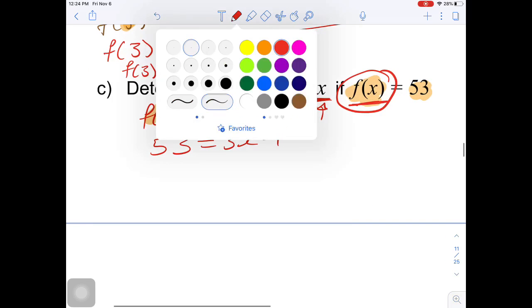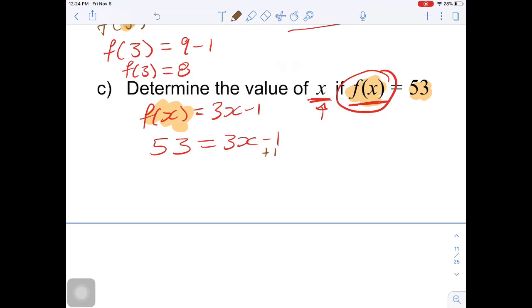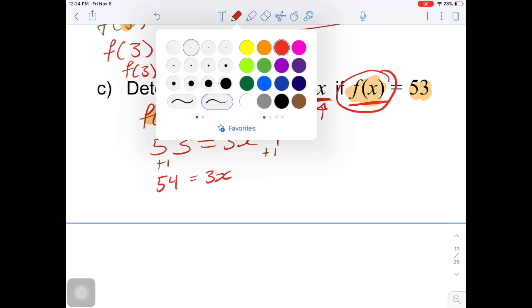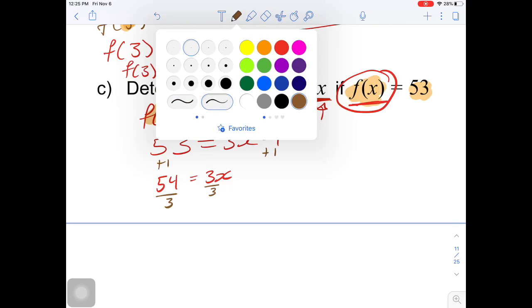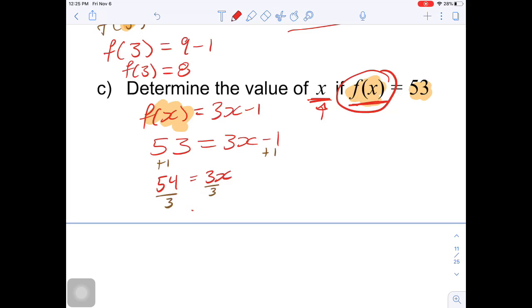And now we're going to solve. I'm going to add 1 to both sides, and I'll get 54 equals 3x. And then I'm going to divide by 3, and I'm going to end up getting x equaling 18.